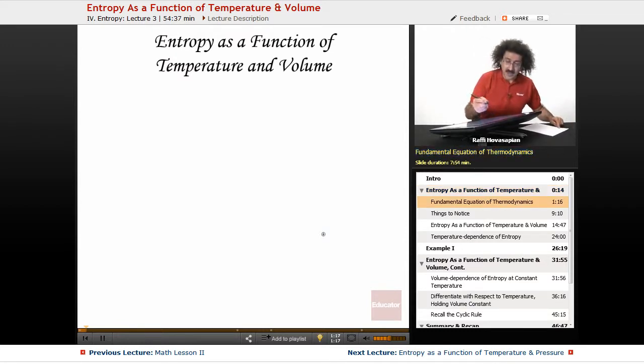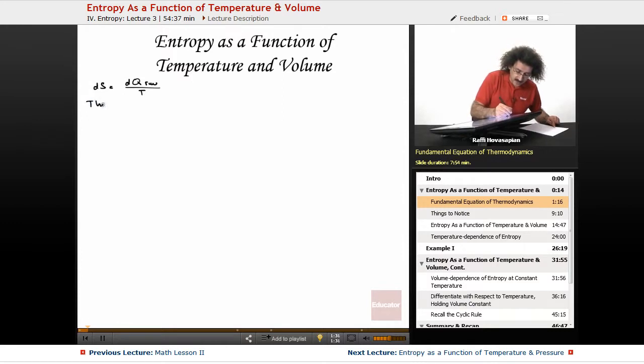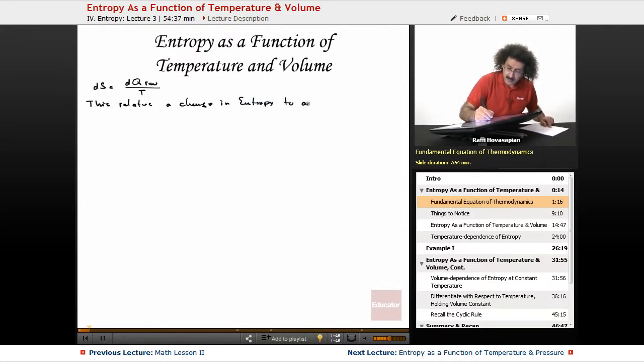Okay, now we defined entropy as follows. We said that, of course, dS is equal to dq reversible over T. So this relates a change in entropy to an effect in the surroundings, or the system.